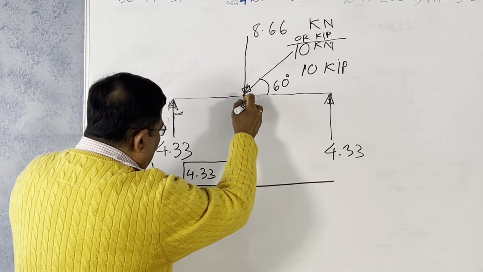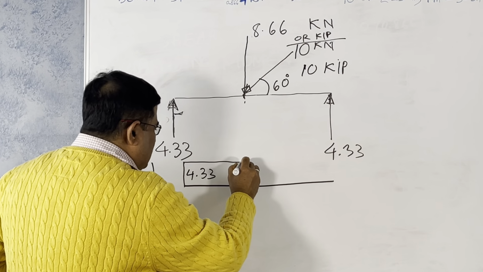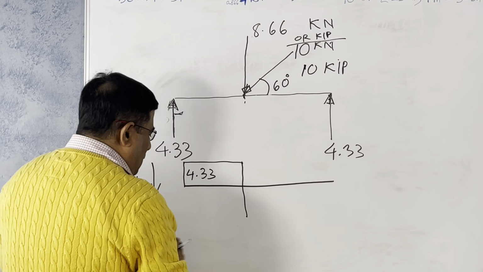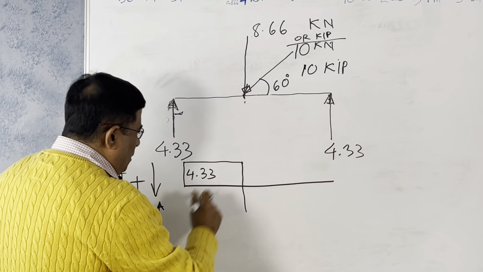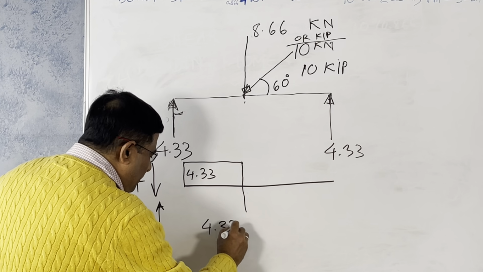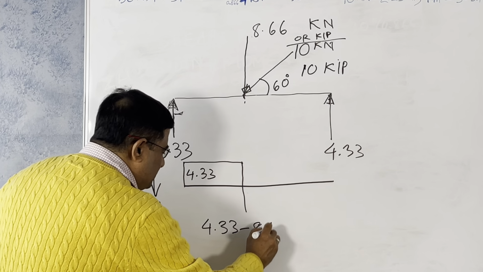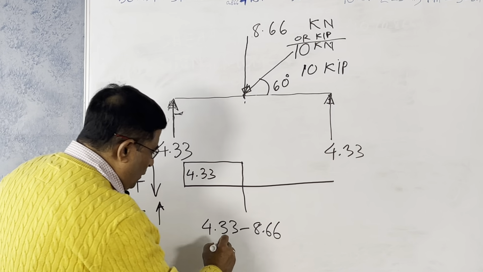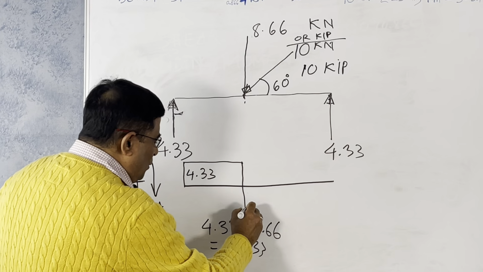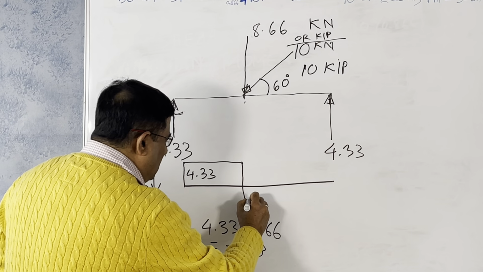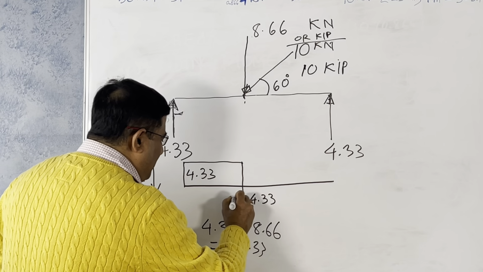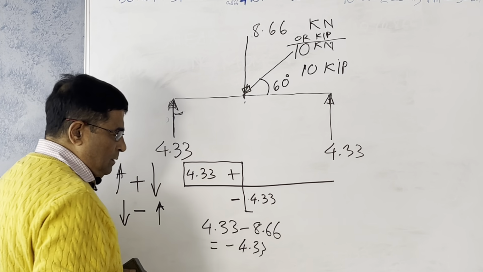Just right of that point, this 8.66 arrives and pushes it down. So the shear force here is 4.33 minus 8.66, total minus 4.33. This side minus, this side plus.